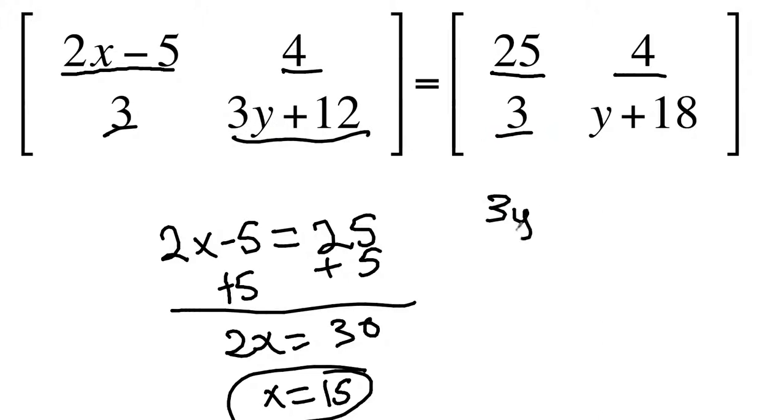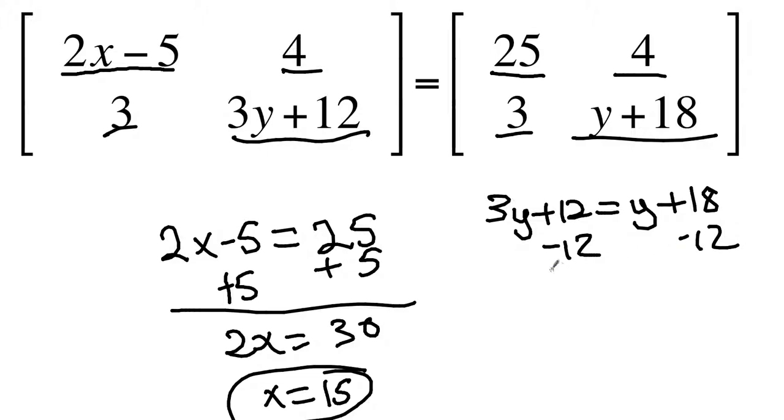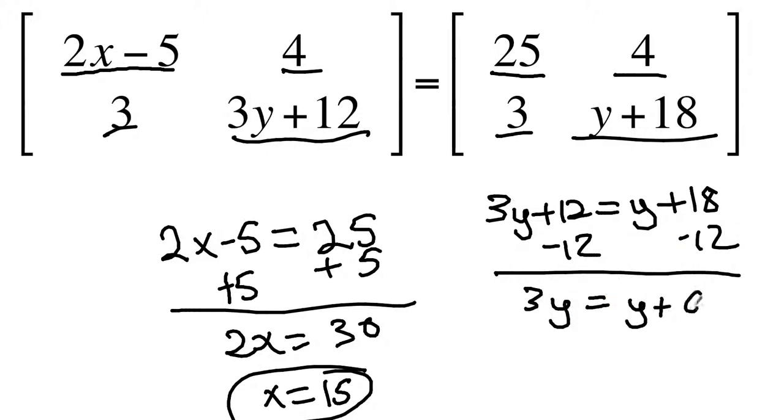Here, 3y plus 12 is going to be the same as this element, y plus 18. So now I can solve this equation for y, and I can make these two equal matrices if I set x equal to 15 and y equal to whatever it comes out to be. So let's go ahead and do that. Solve for y. I get 3y equals y plus 6.